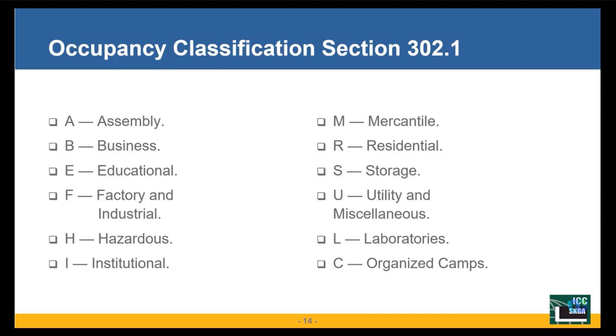The laboratory group L was added for buildings containing one or more laboratory suites, and the provisions for this occupancy are optional and may apply to building structures based on the authority having jurisdiction. It would require a report to identify and develop methods of protection from hazards presented by the lab.